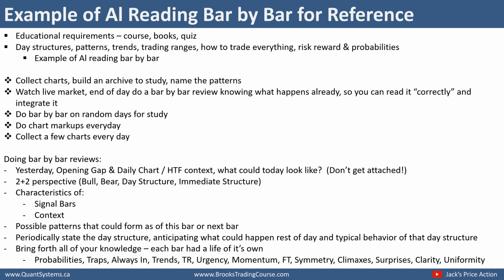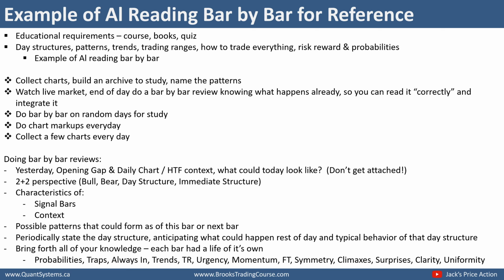So the context ties into it as well. The context is always more important than the signal bars. So don't get caught up looking at the signal bars. If anything, you should be thinking about the context: the 2+2 perspective, the bull perspective, the bear perspective, the day structure, and the immediate price action. But yes, look for possible patterns that are forming as of the current bar and what could take place on the next bar.